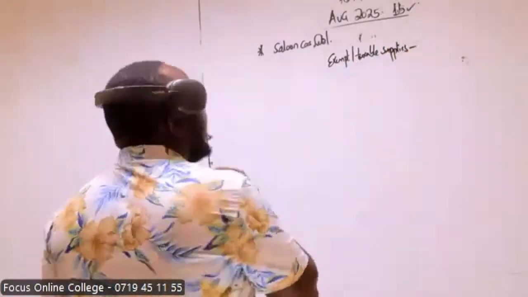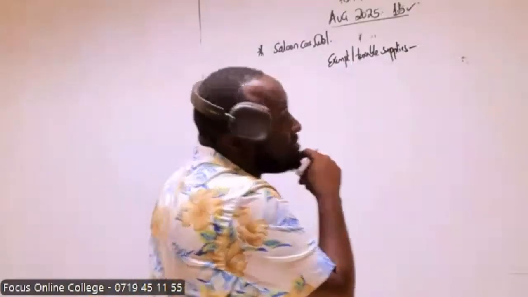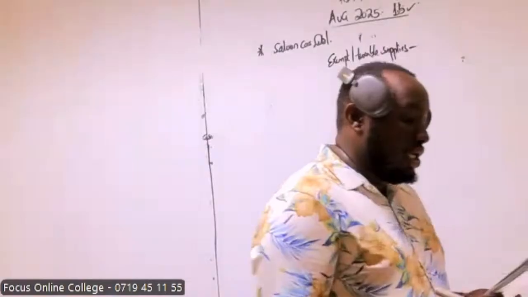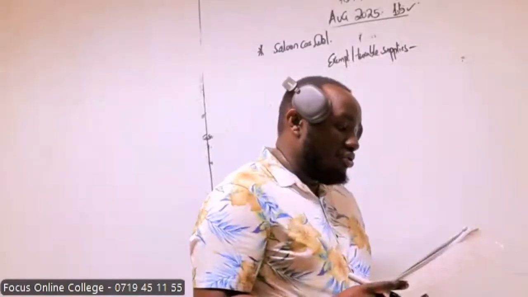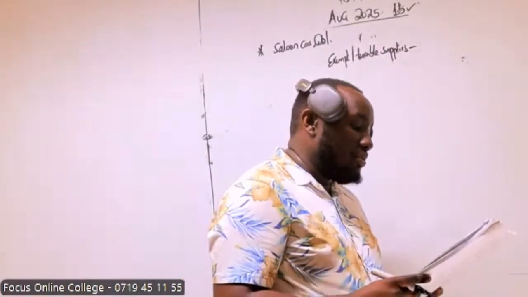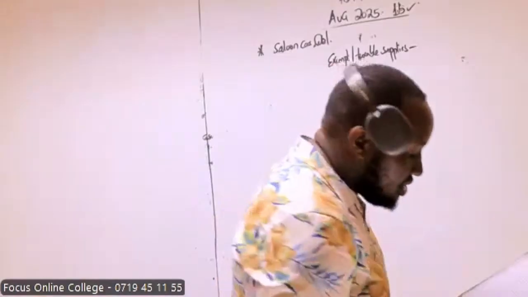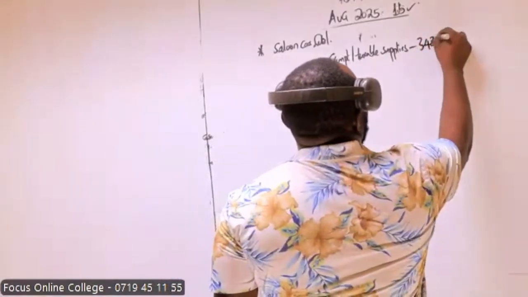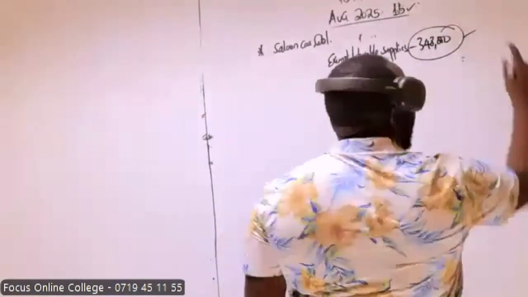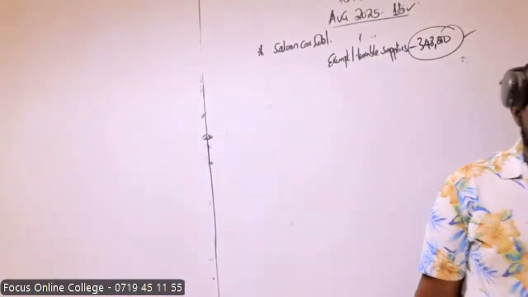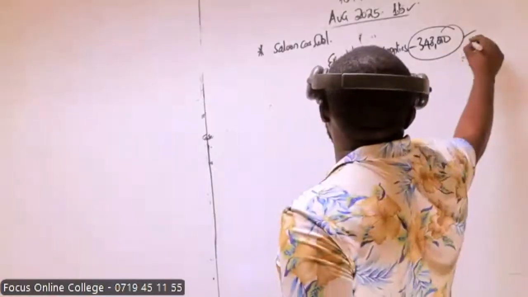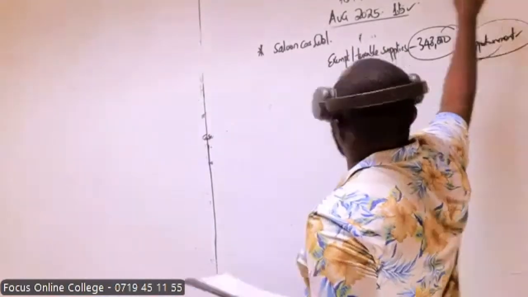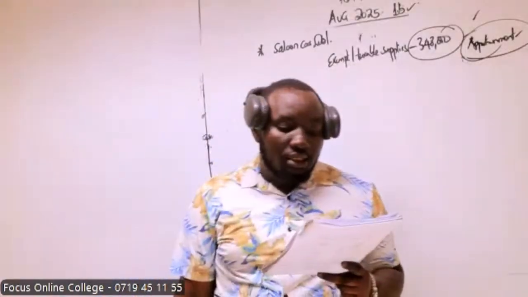So for goods purchased for both taxable and exempt supply, 348, how would you deal with this? On that figure, there should be apportionment. That figure should basically be apportioned.